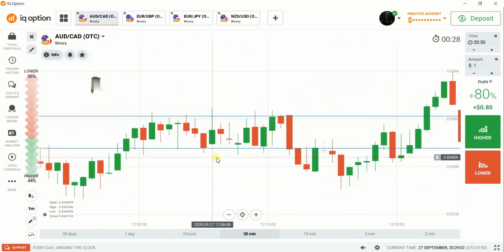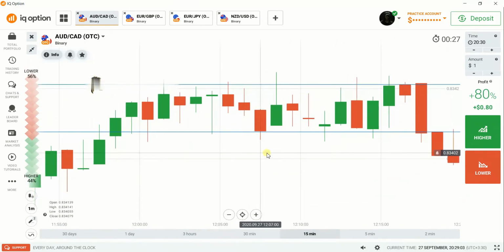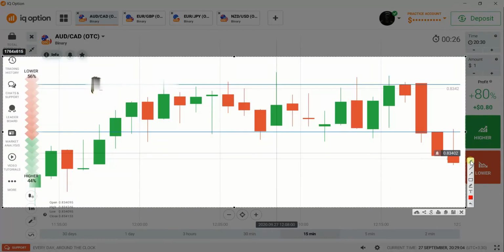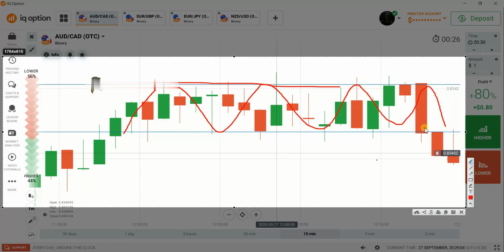But in a ranging market, you can check here, this is a ranging market and it is going nowhere. It is moving in the middle of these two levels. So we call this a ranging market.